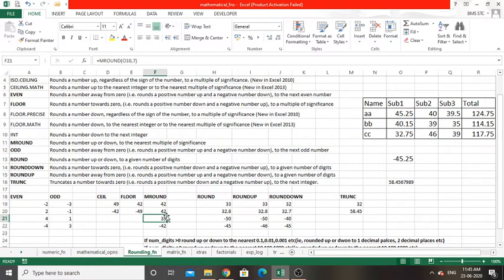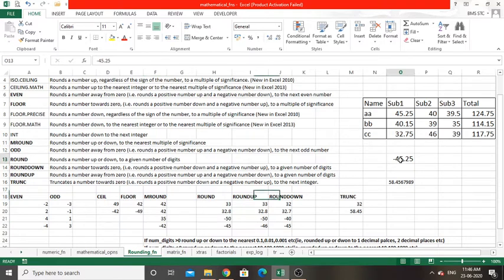Okay. What about the next one? 32.75 is the number which I passed, and the significance value is 7. So which is the nearest multiple of 7 to 32.75? Not 33, not 34, which is 35. So it will result in 35.